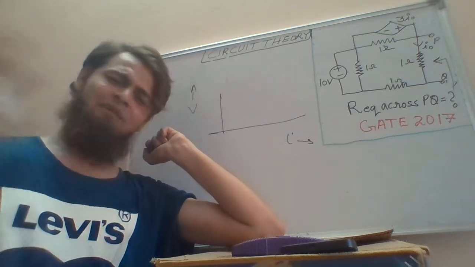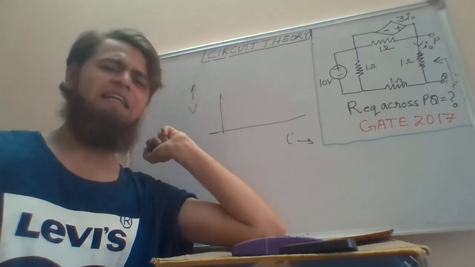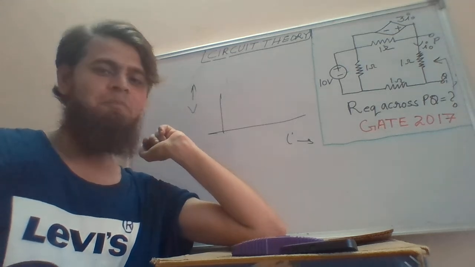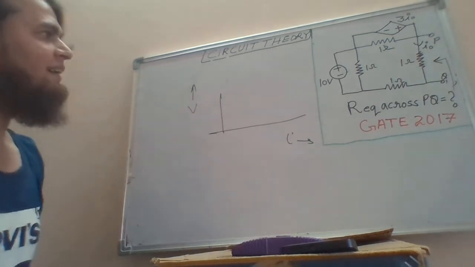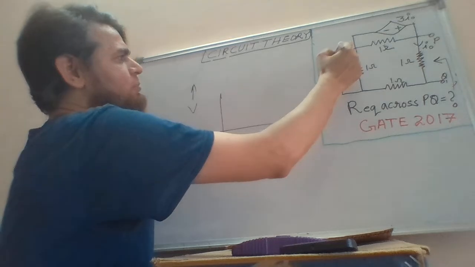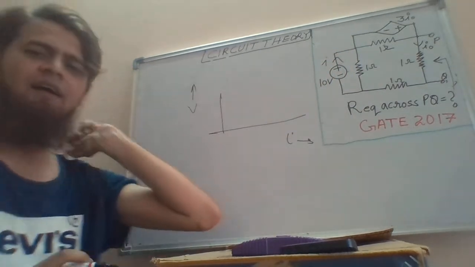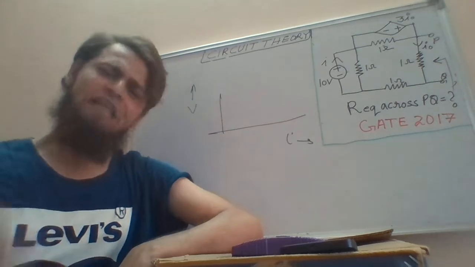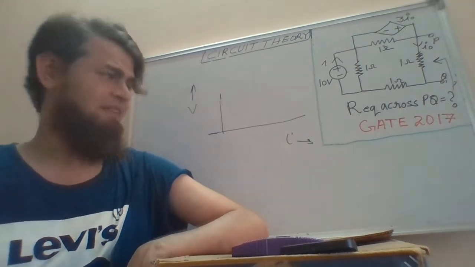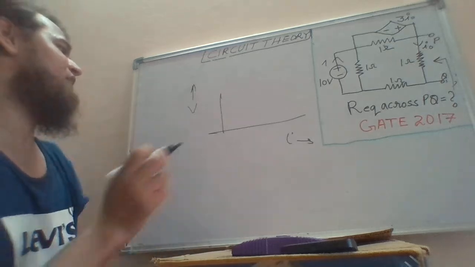So it's not a practical battery, it's an ideal battery. That's fine, you know it. But the interesting thing is that whatever is the current through this battery, let's say current I, the battery doesn't care. It will keep on providing 10 volt potential difference.